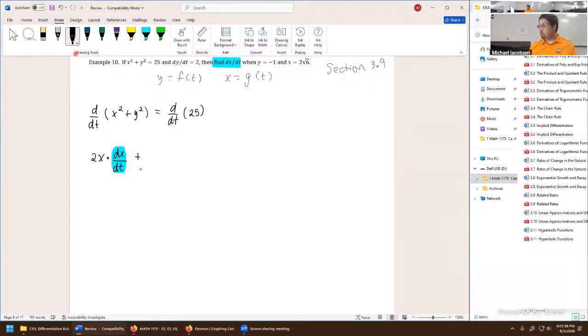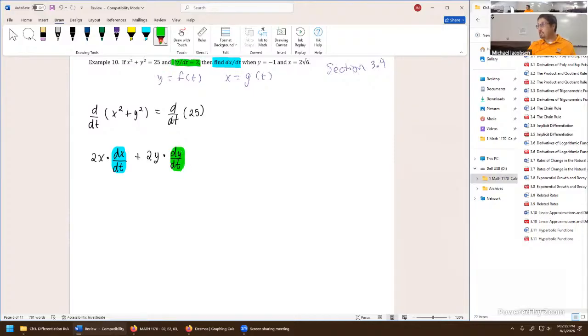Then we do it all over again. We're taking the derivative of y with respect to t. y is a function of t, so it's a sensible thing to do. Same idea, 2 comes down as an exponent. New power on y is 1, but y is the inner function, so we must multiply by the derivative of y with respect to t. So here's where dy/dt pops out.